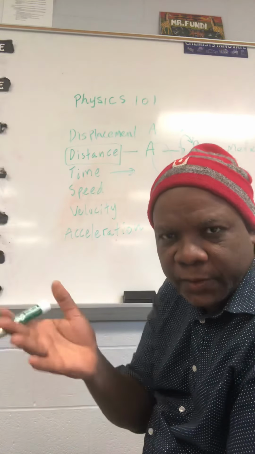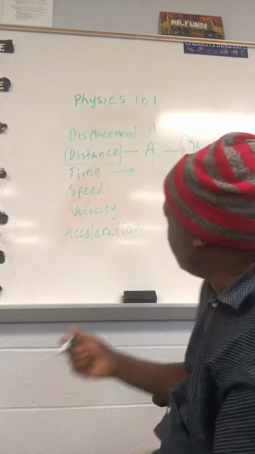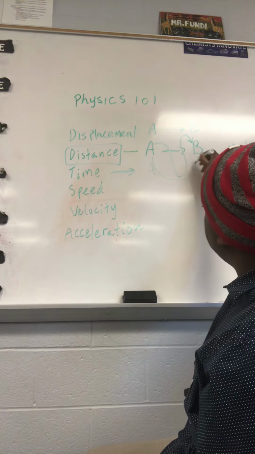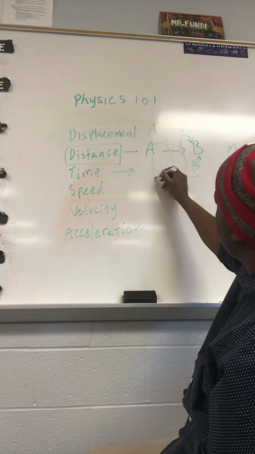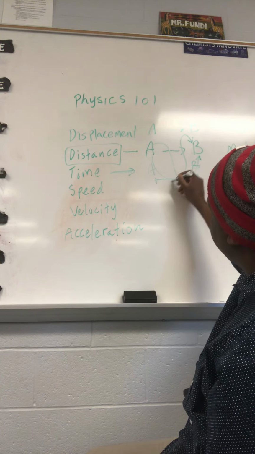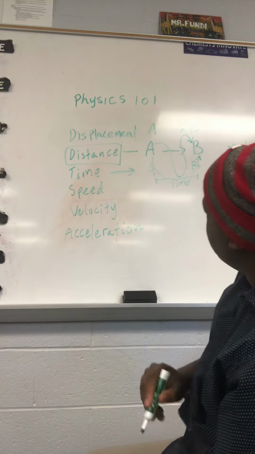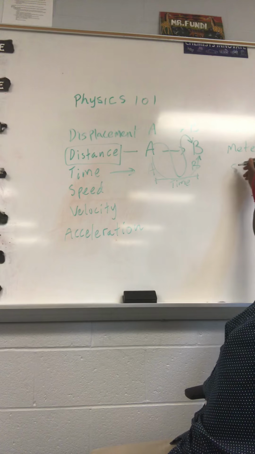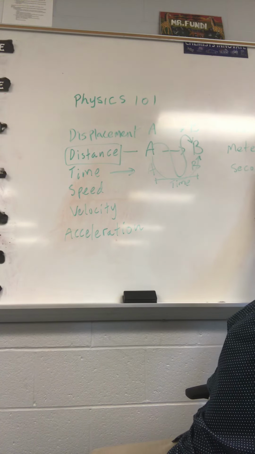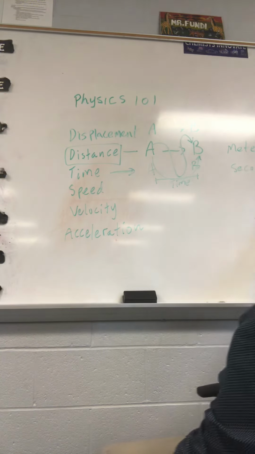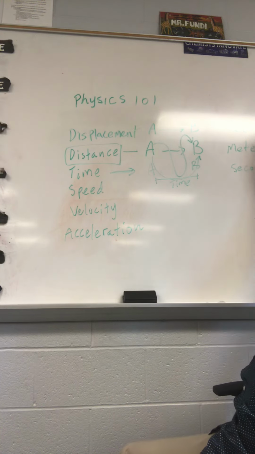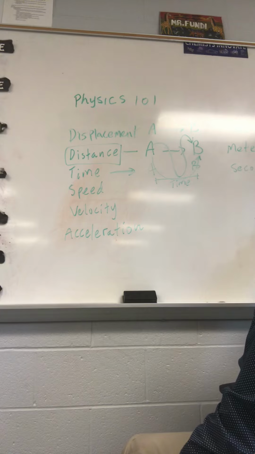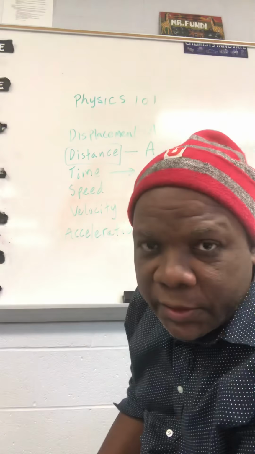If you have event A and event B, between those two events there's time that passes for the event to happen. That time is represented by the unit called second. So second is s and meter is m, the shorthands for these units.